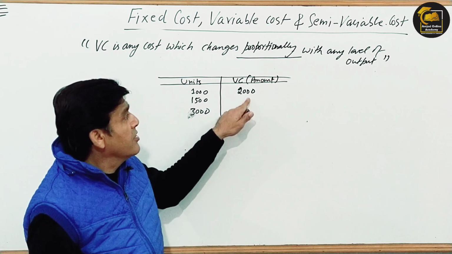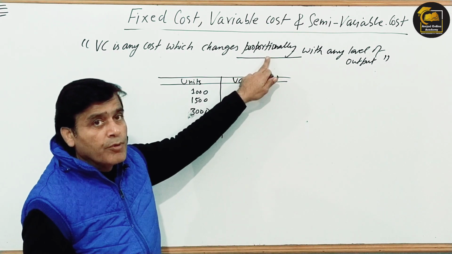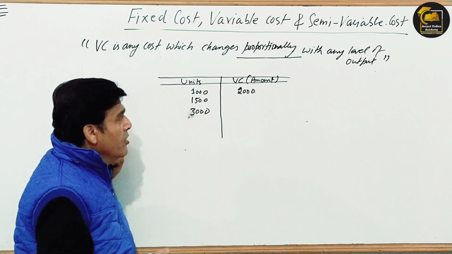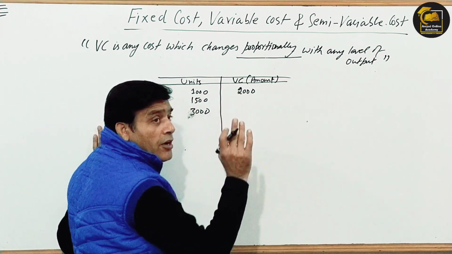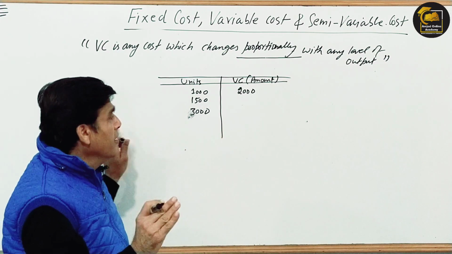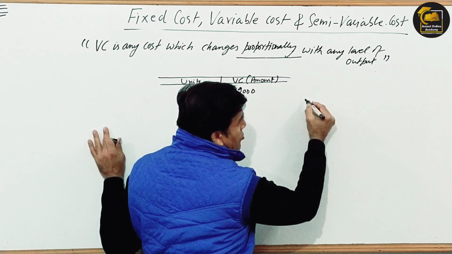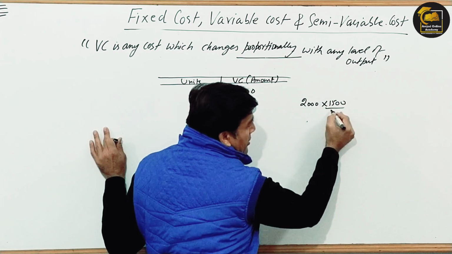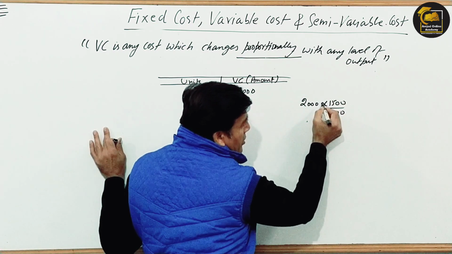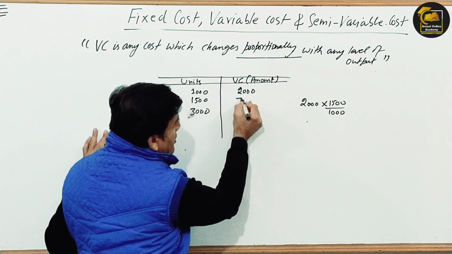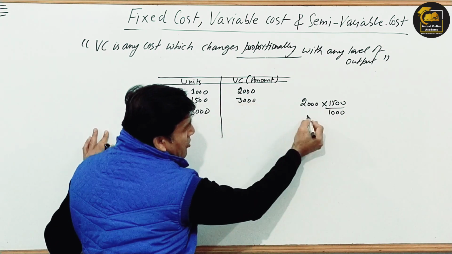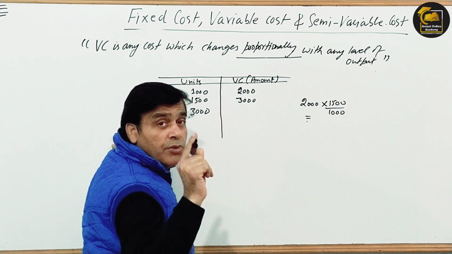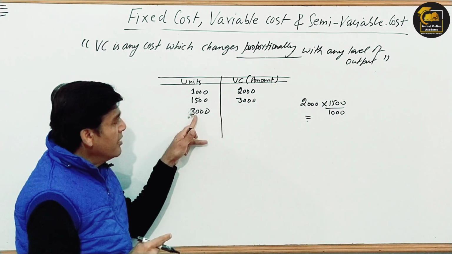I want to make you understand the meaning of proportion here. Proportionally, when you have 1500 units, what will be the variable cost? You have to use the unitary method: 2000 at 1500, and the base will be 1000. So it will be 3000 when you calculate it, because it has to change in the same proportion as your units are changing.